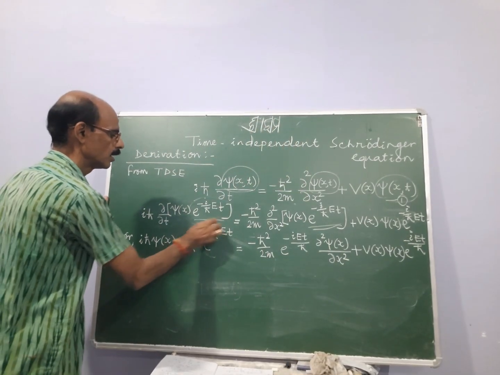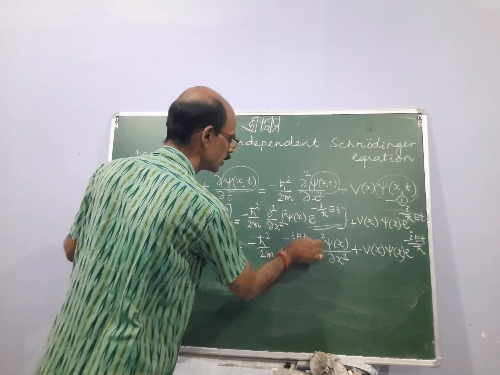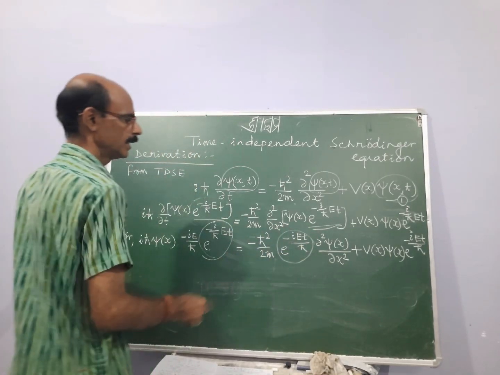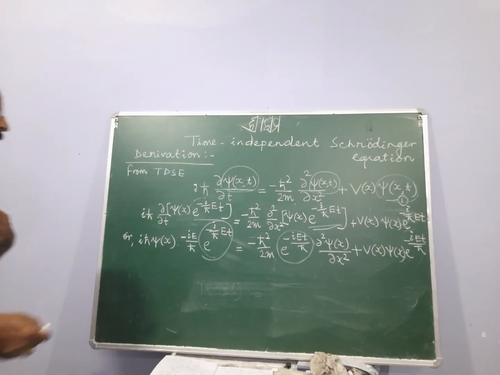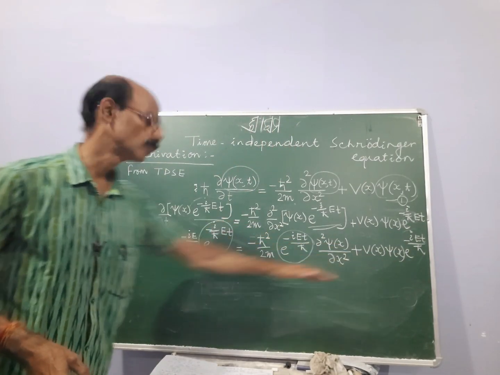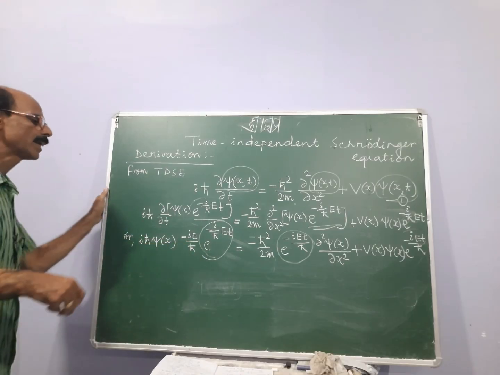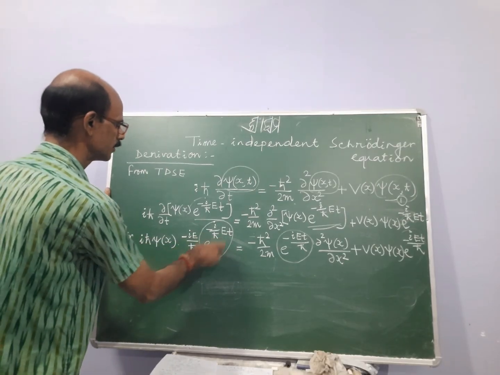Now you see, in each term there is exponential minus i E t by h cut. So divide throughout by exponential minus i by h cut E t.